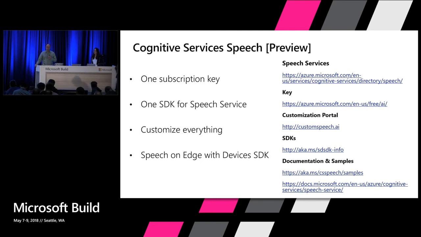With the batch transcription API, for files that are recorded in stereo, 2 channels, we take the channels apart and transcribe both of them. You're going to get timestamps and the transcription for each channel.